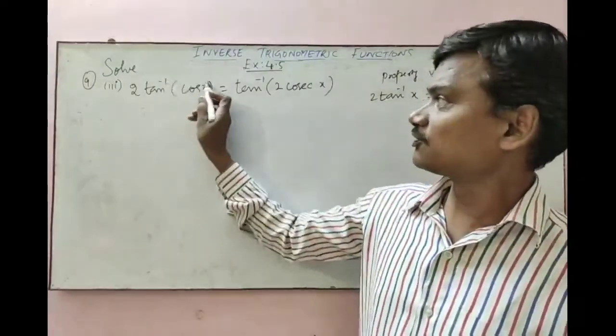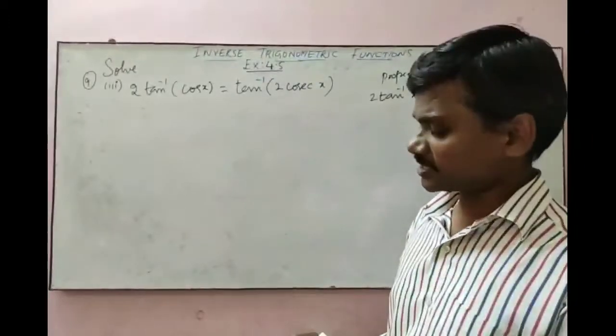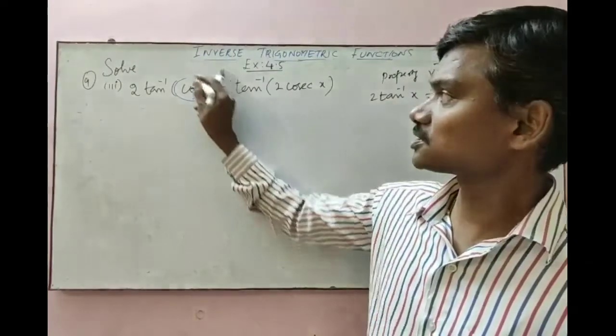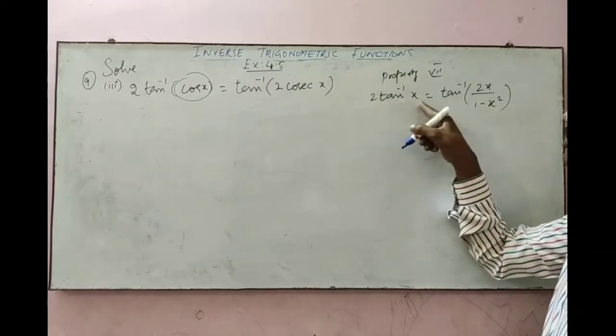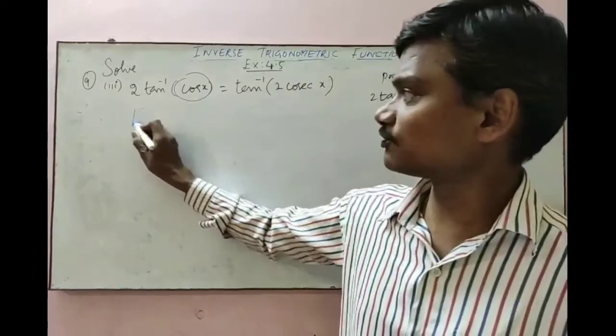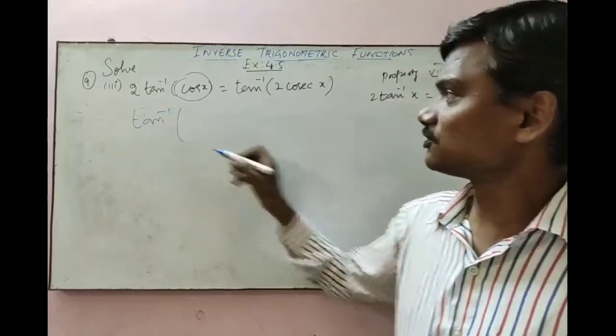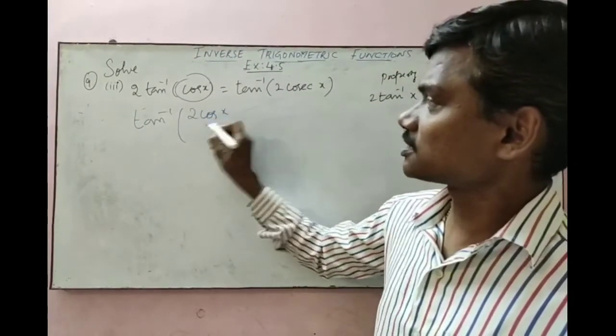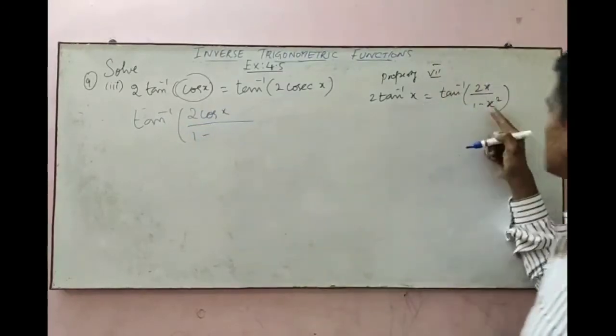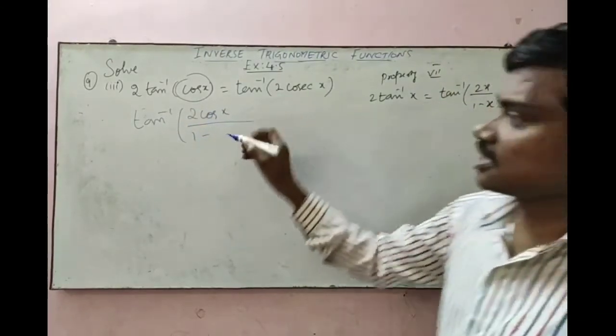You treat this whole thing as x here. So how will you write this? 2 tan inverse of x is tan inverse of 2 into x, that is 2 into cos x by (1 minus x square). Here x is cos x.